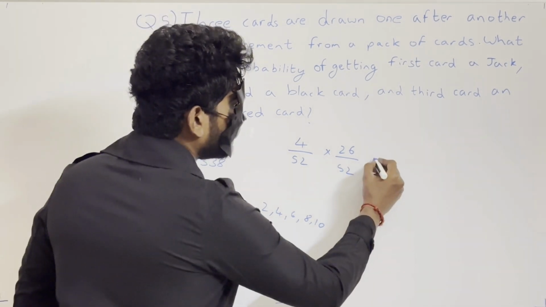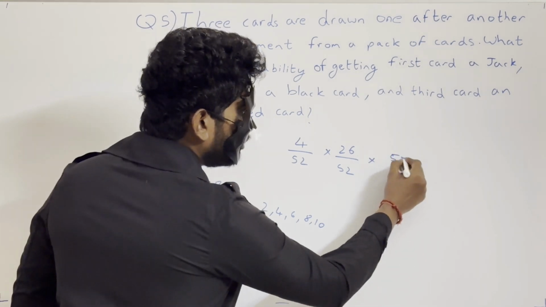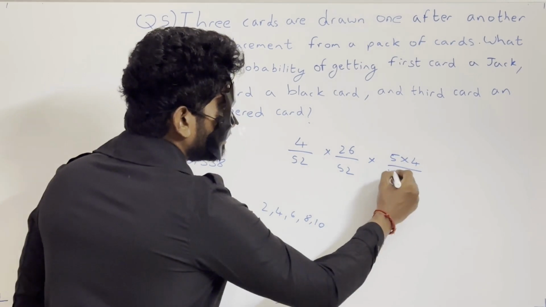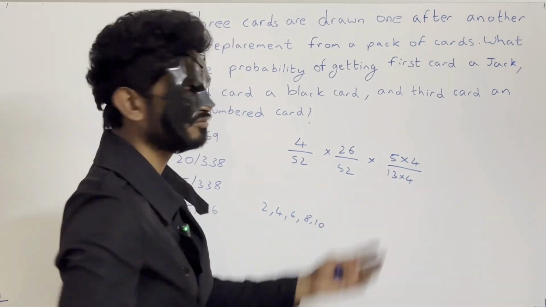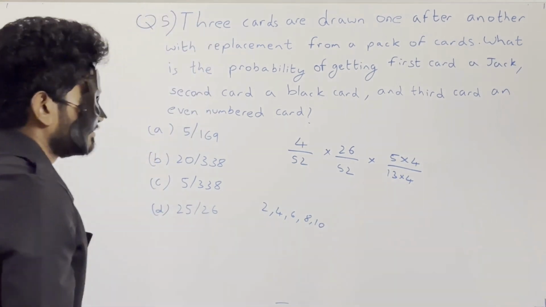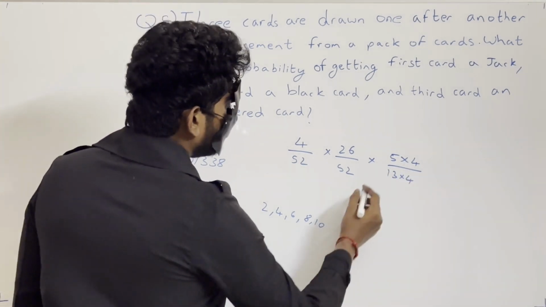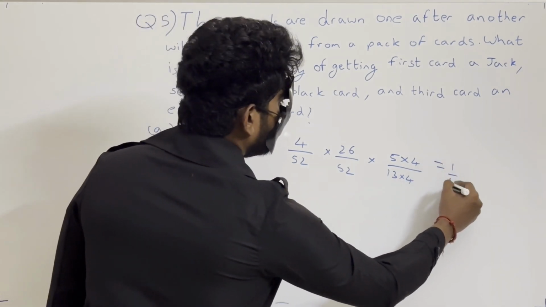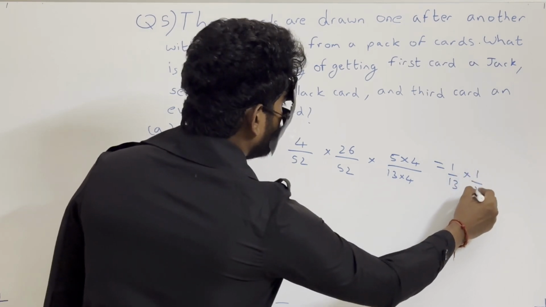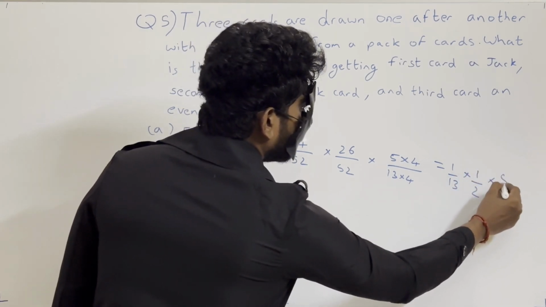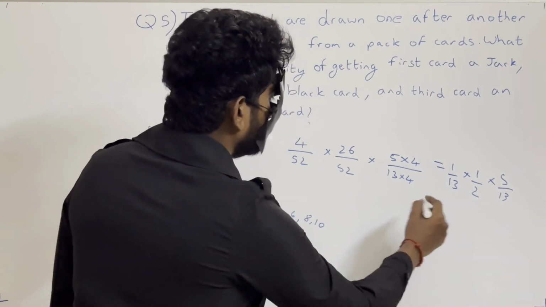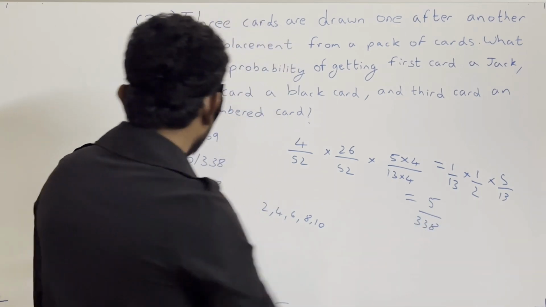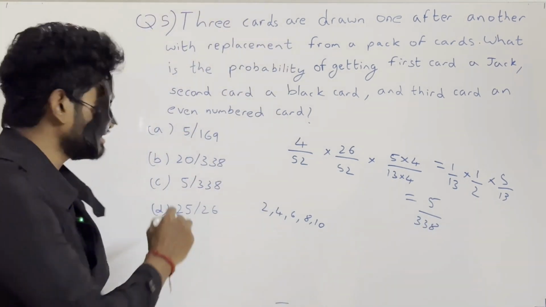So in total it will be 5 into 4, from each category 5, by 13 into 4, that is 52. The total will be the same. So let's simplify this. This is 1 by 13 into 1 by 2 into 5 by 13. The numerator will be 5, so 5 by 338. So here option C is right.